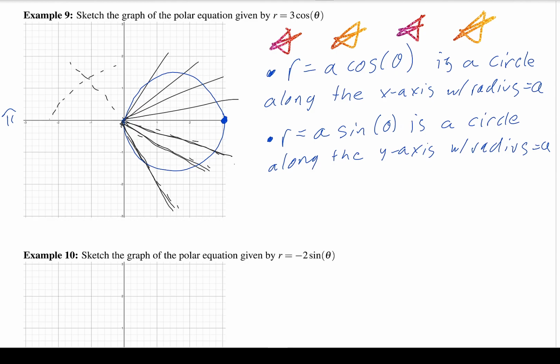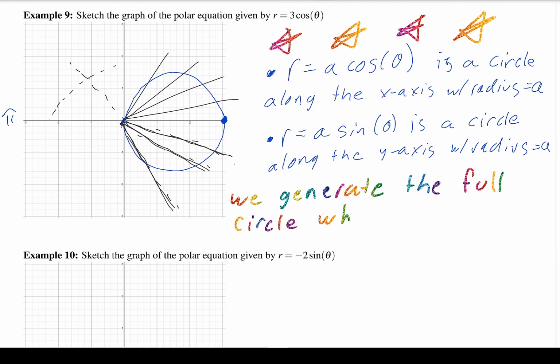That means that we generate the full circle when theta goes from 0 to pi. Okay? We won't use that fact this section, but it's going to be extremely important in the next section. Okay? So now let's look at example 10.